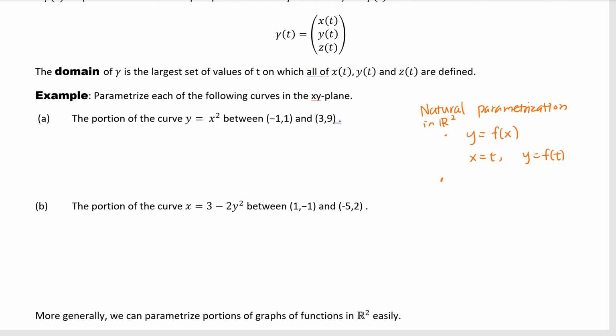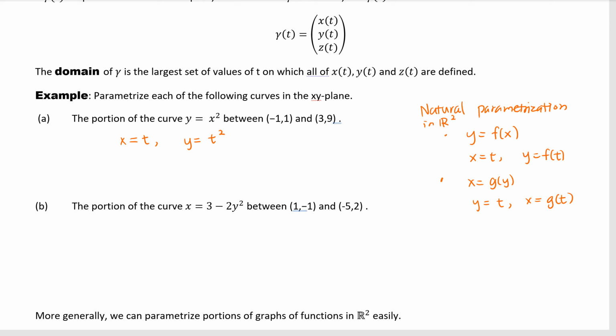If x is a function of y, then we let y be t, then x is g of t. So this is the natural parametrization. For example here, we can let x be t, then y is t squared. We usually let t be the independent variable.